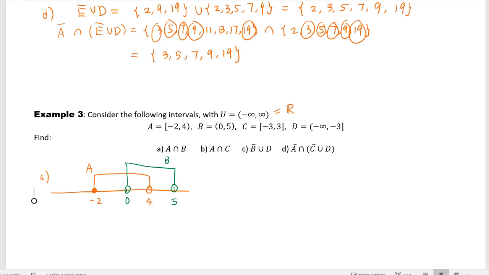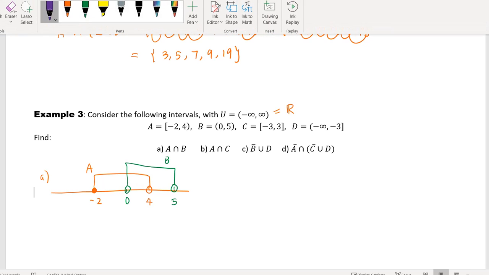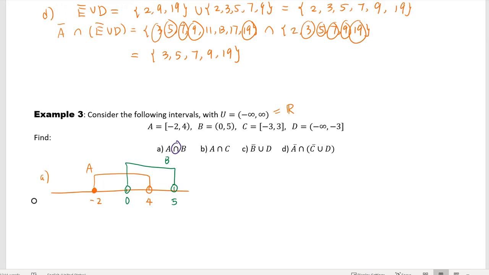We're talking about intersection. Intersection means the common region. So this common region is 0 to 4, and we don't want to include 0 and 4. That's why we put open circles on 0 and 4. So far, so good, everyone?